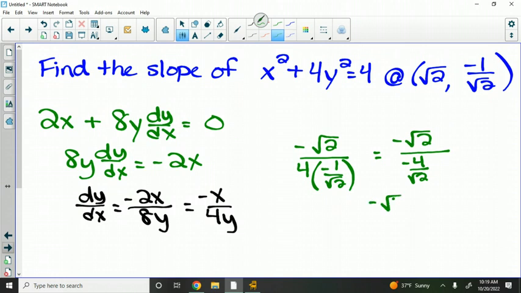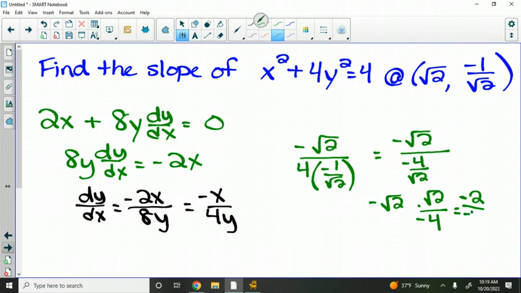And then I'm going to multiply by the reciprocal of this. And then we multiply across the top. So negative square root of 2 times square root of 2 is negative 2.